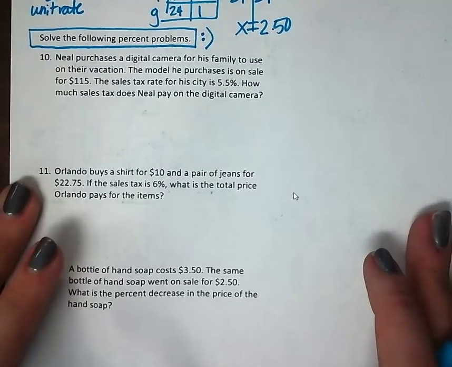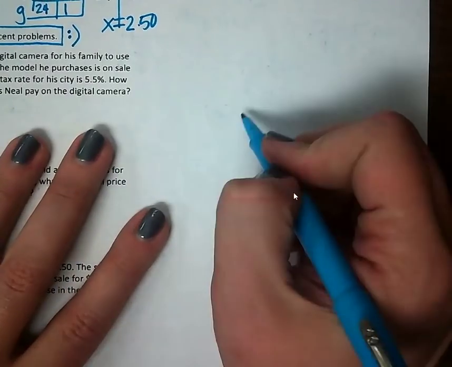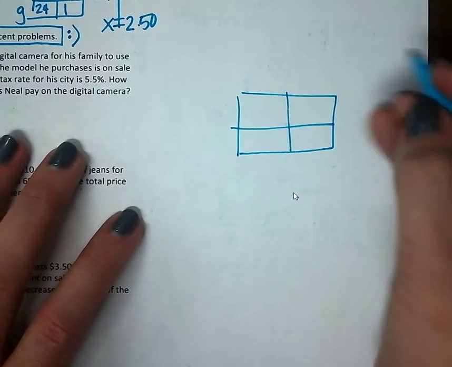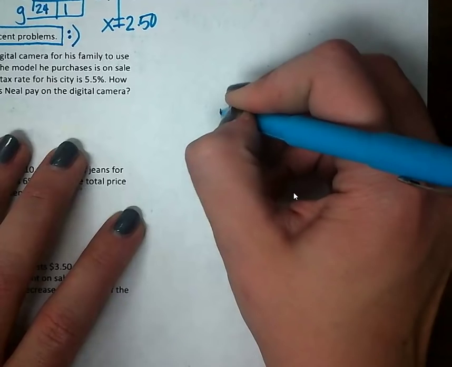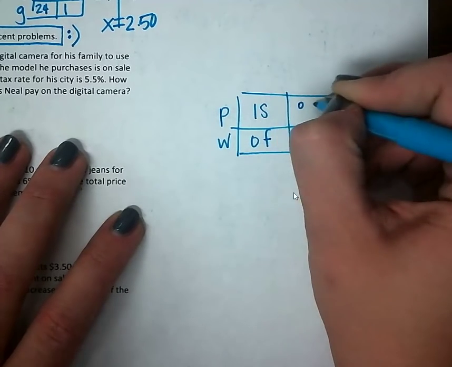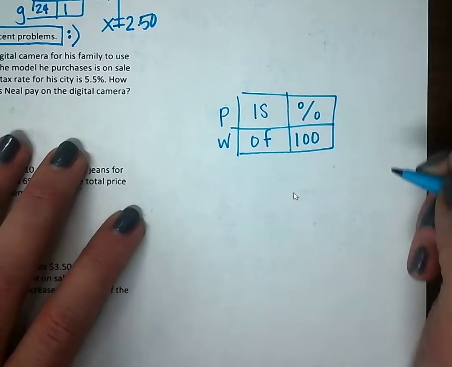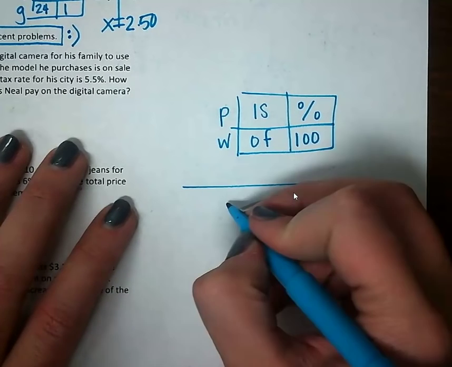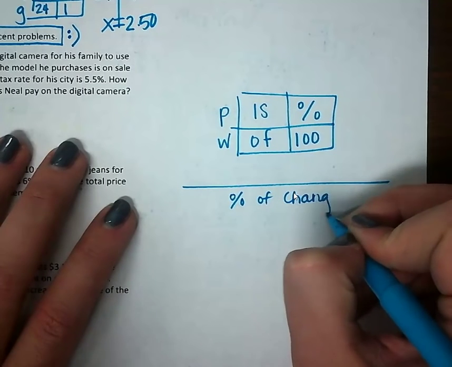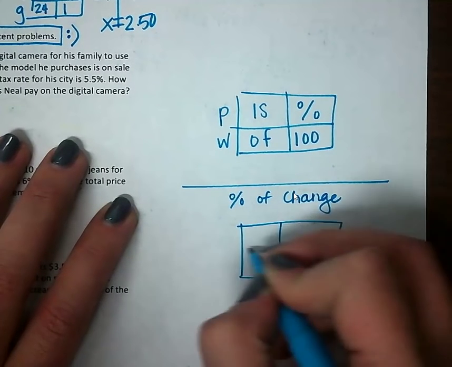Really quickly, if you are watching this with me, there's 2 types of proportion boxes for percent of a number. So now that we're in the percent of a number section, I do want to just remind you, we've got part over whole. This is over of equals percent out of 100. Okay. And then if we're doing percent of change, our box looks like this.